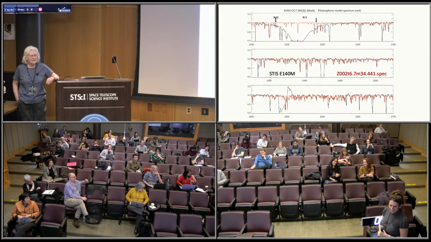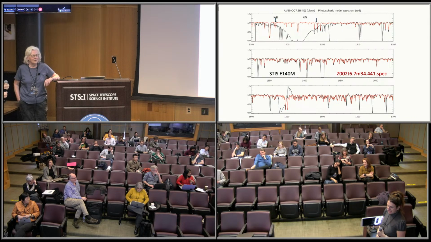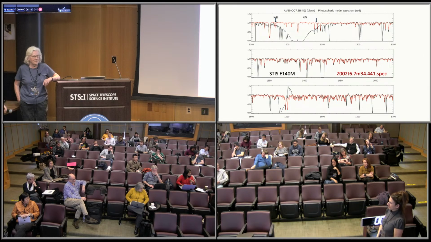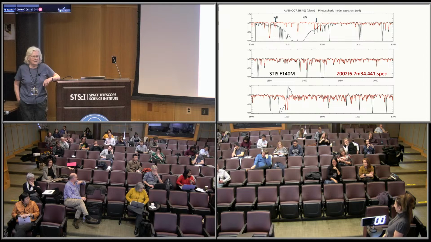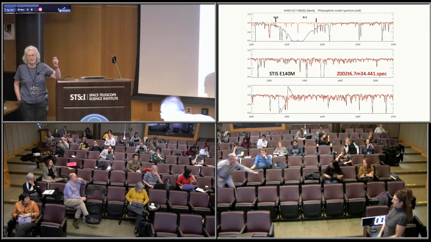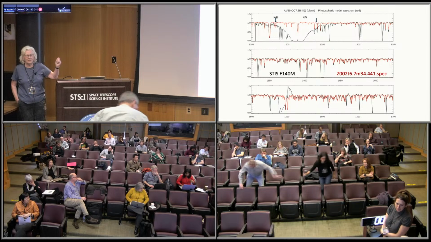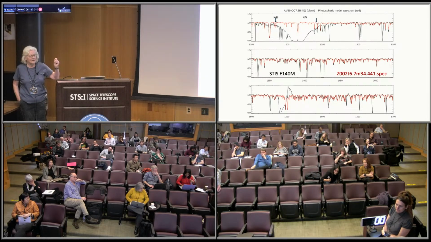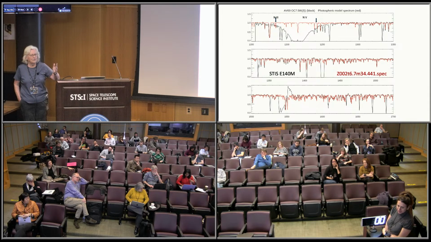For AB69, I didn't know what the rotation was. What I did was I simply applied different amounts of rotation to match the spectrum, and it was 104 kilometers per second, which is what Nolan Walborn measured.